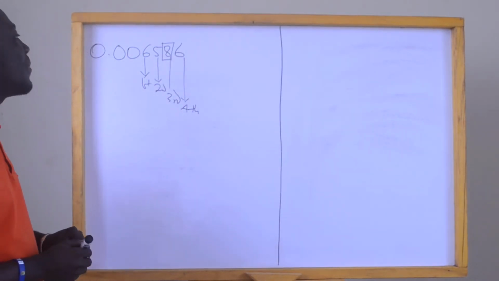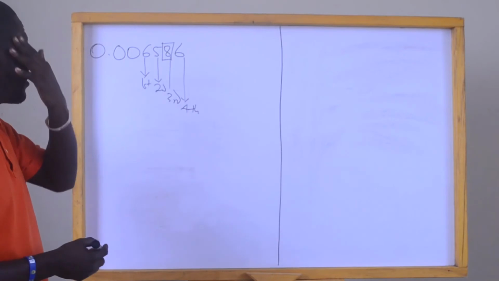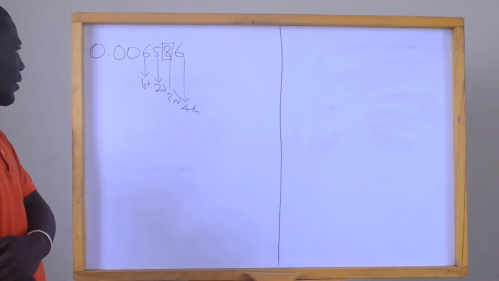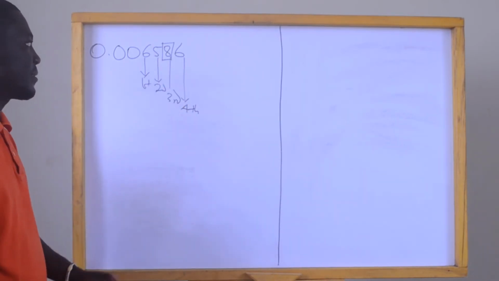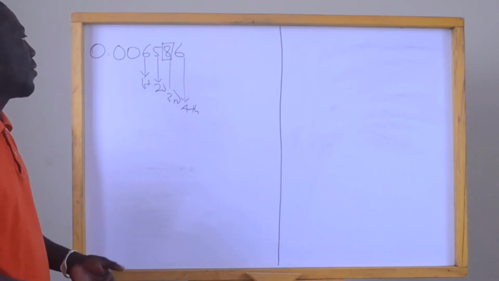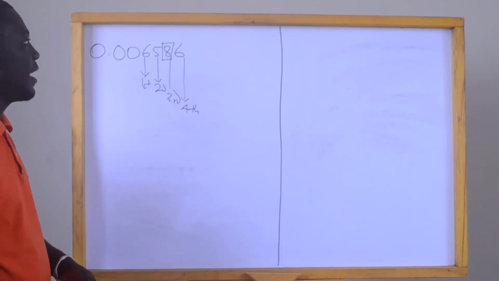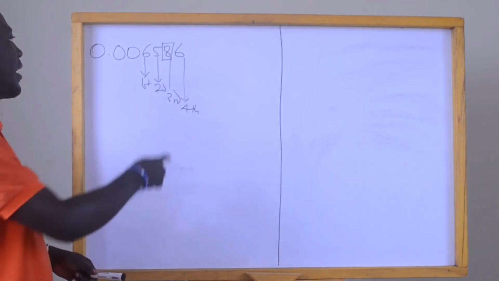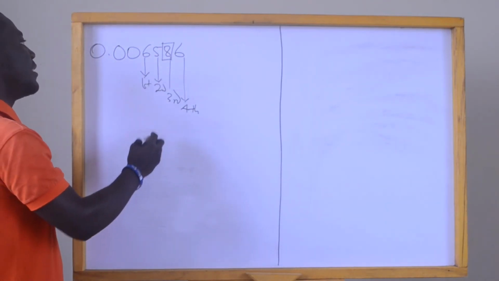We look at the number next to 8, to the right. That is 6. Is 6 5 or more? 6 is more than 5. So we take 1 and add it to the 8.